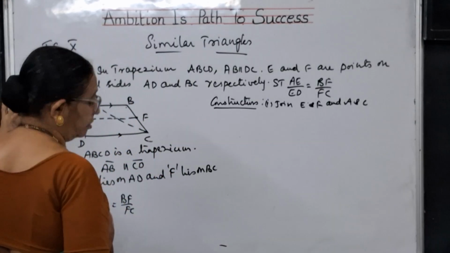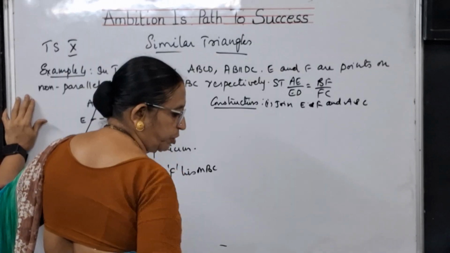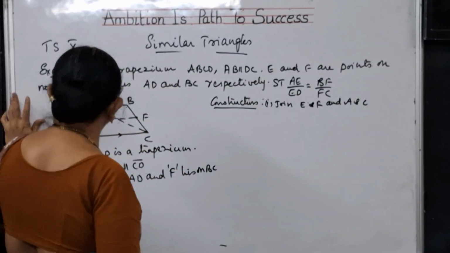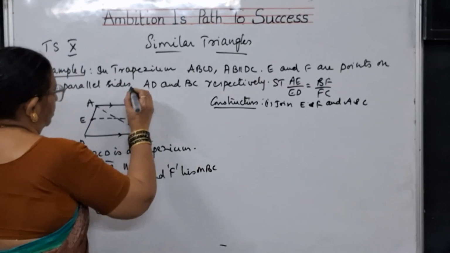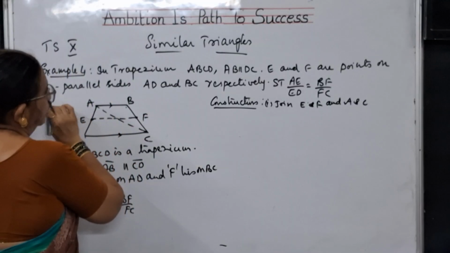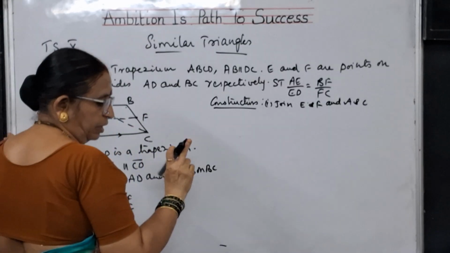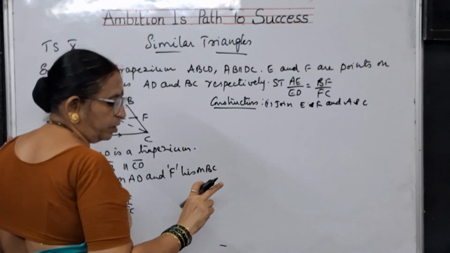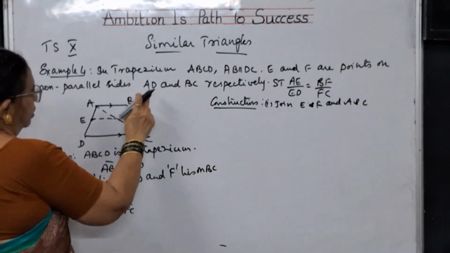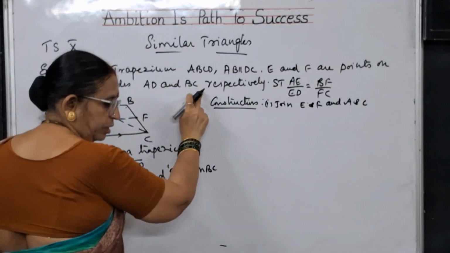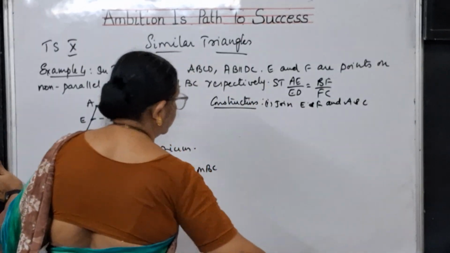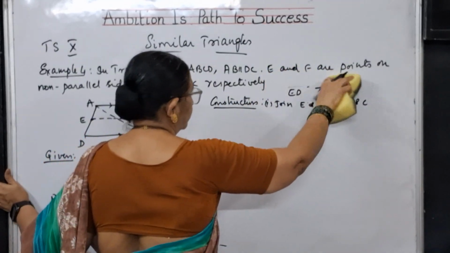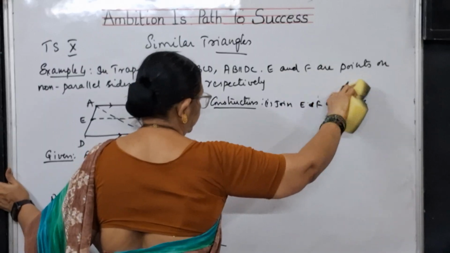I have not written that, children. The problem says that E and F are points on non-parallel sides AD and BC respectively such that, so here the question is not complete. I'm sorry. Let me write that first.